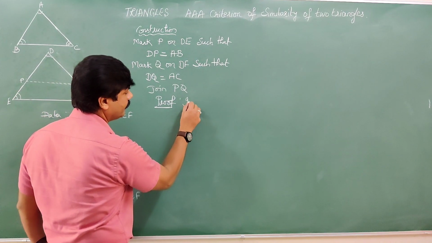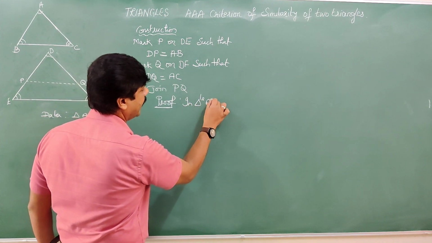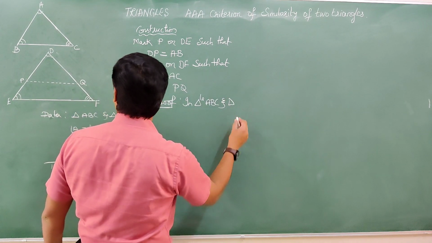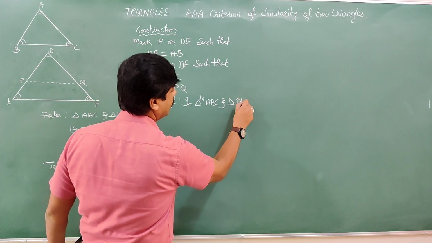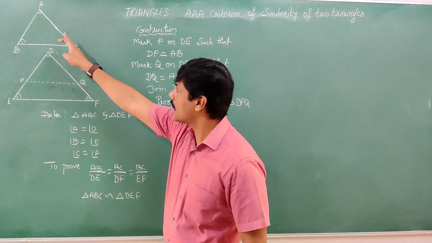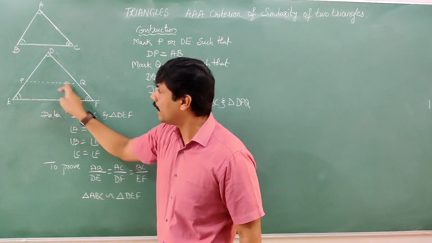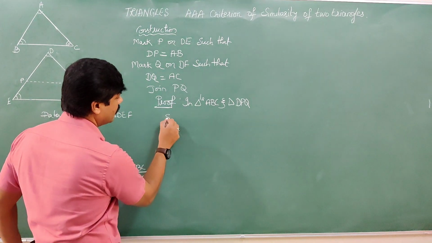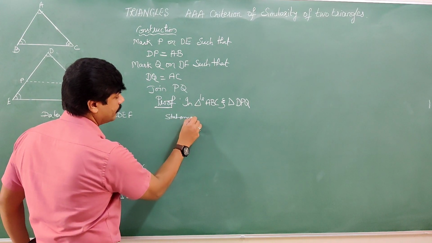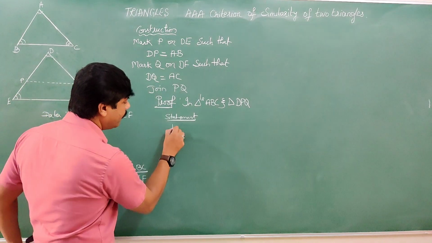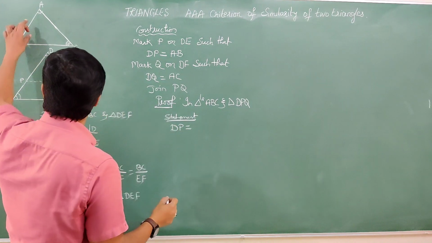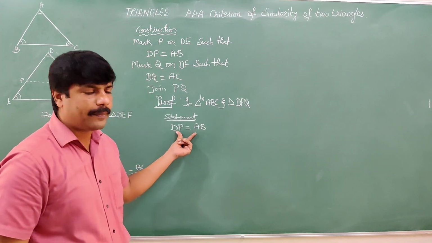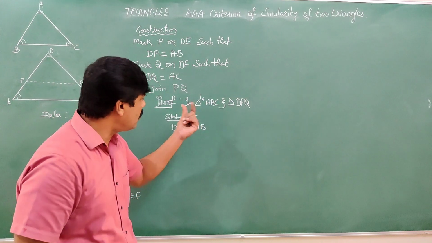In triangle ABC and triangle DPQ, by statement, DP is equal to AB, or AB is equal to DP.